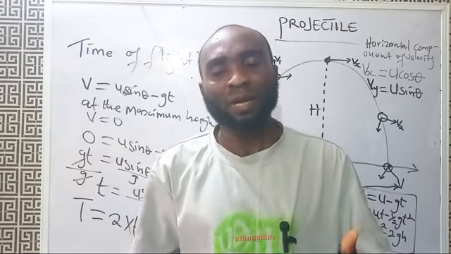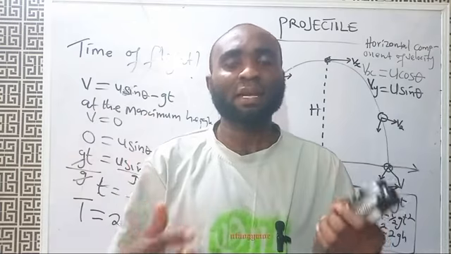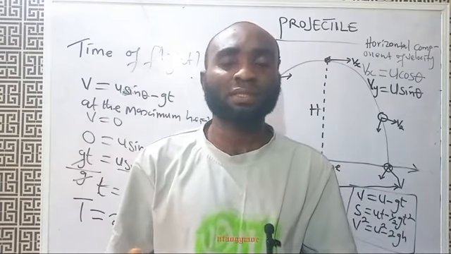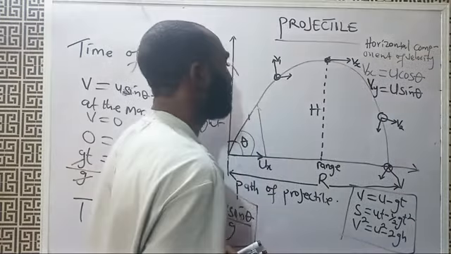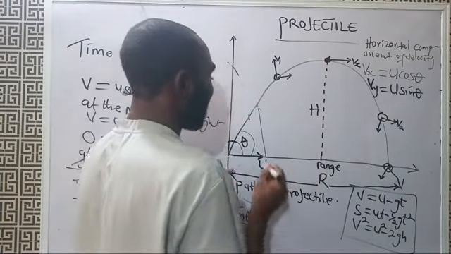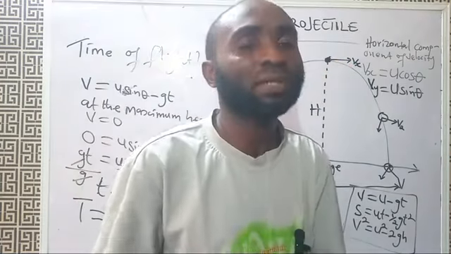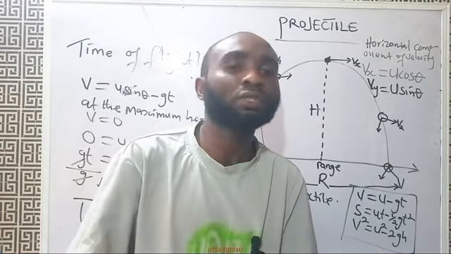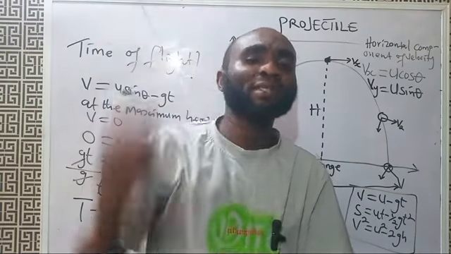What is maximum height? Maximum height is the highest height attained by an object or by a projectile, before returning back to the ground. When you throw something up, it will continue to go until the final velocity is zero.